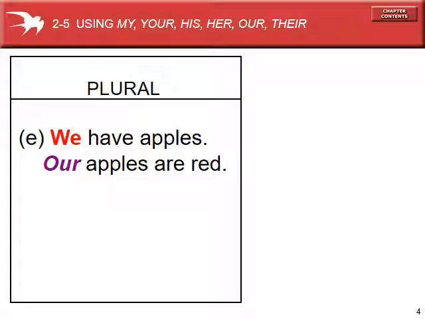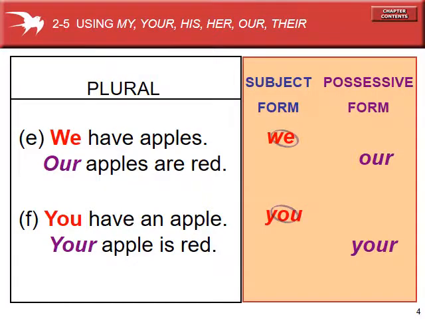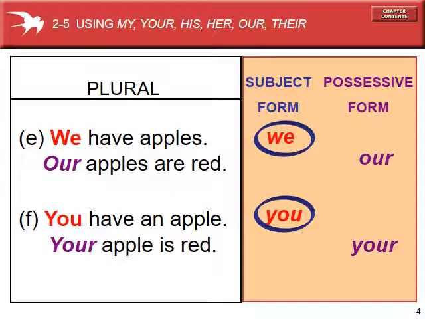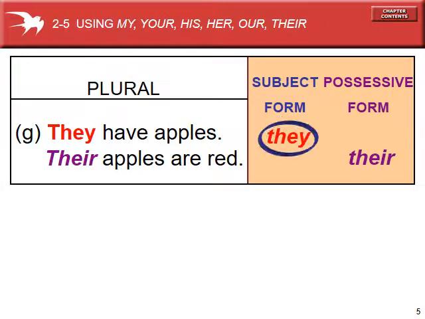So we have we and our, we have you and your, and we remember again that you is both singular and plural, but you'll notice that here, even though you is plural, the possessive form doesn't change. So we have you and your. So in that case, we don't change your plural. And then the final plural form is they and their. So each one of these has a different form.